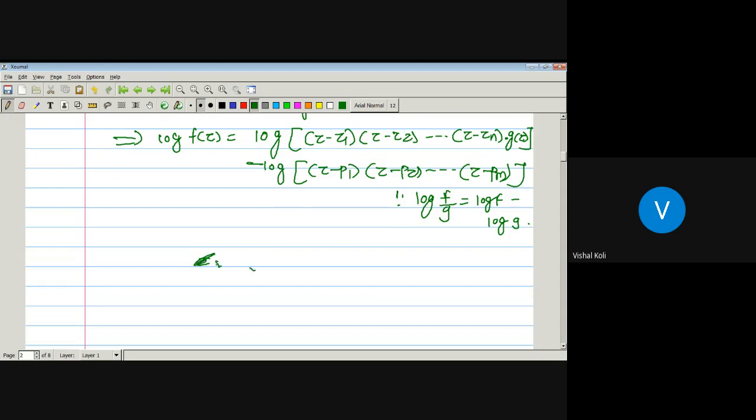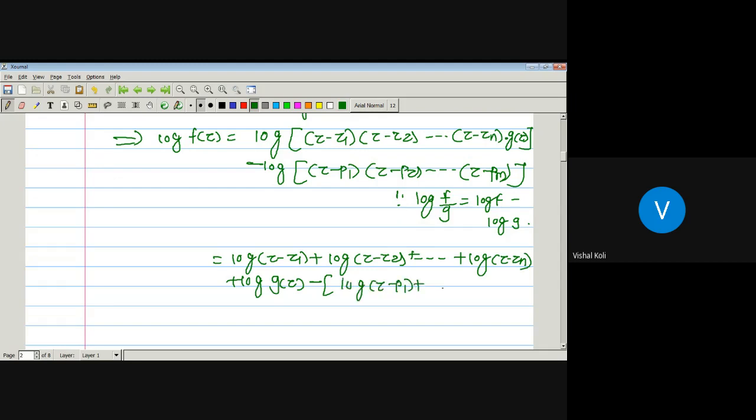By that property this one now becomes log of (z minus z1) plus log of (z minus z2) plus up to so on log of (z minus zn) plus log of g of z, now minus of this, log of (z minus p1) plus log of (z minus p2) plus up to so on log of (z minus pm).